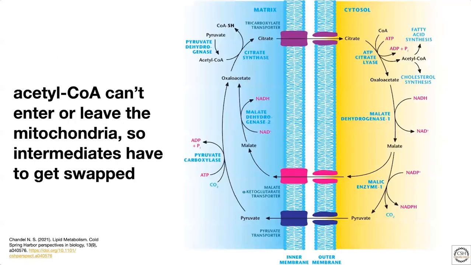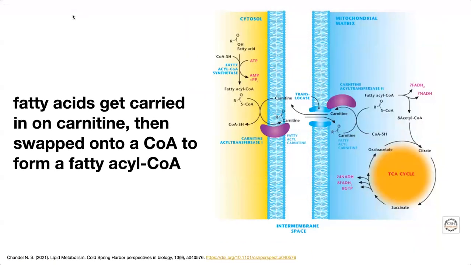But there's a problem, because fatty acids can't get carried in in the form of the acyl-CoAs. So in our cytosol, what's going to happen is that we can have these fatty acids attached to a CoA group. This is done by fatty acyl-CoA synthetase.